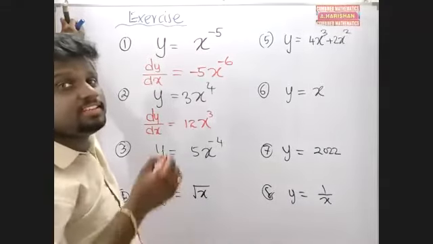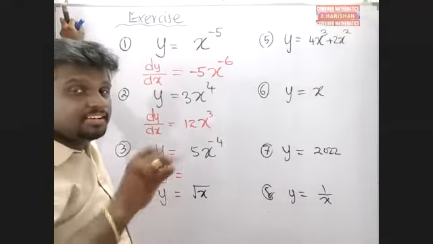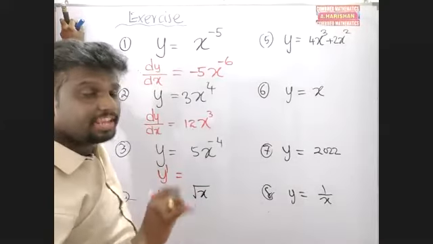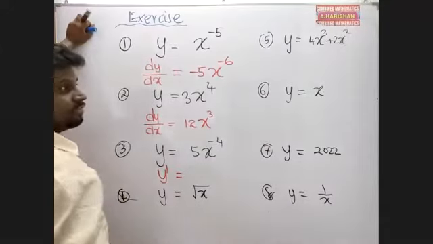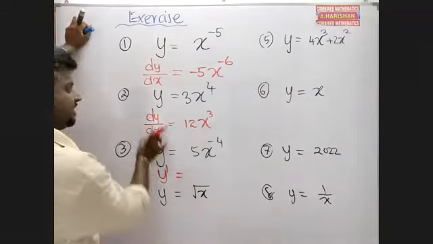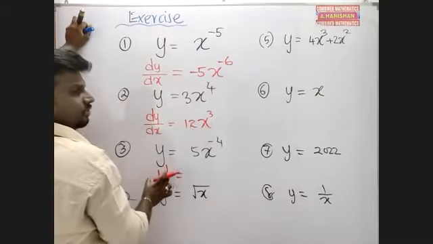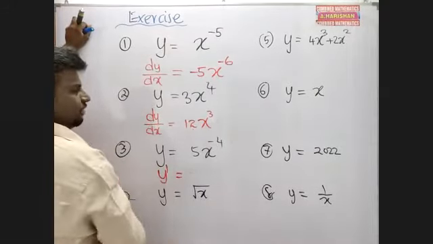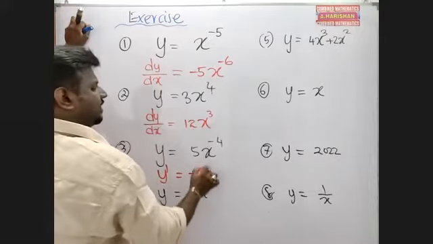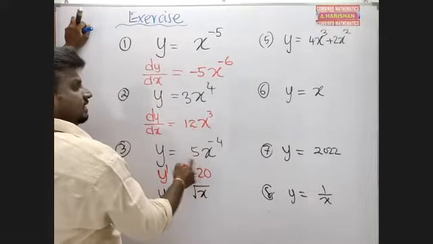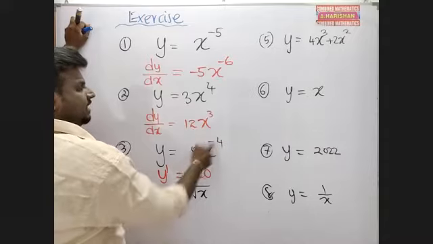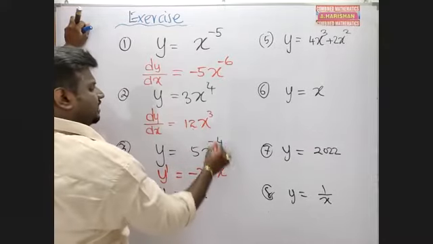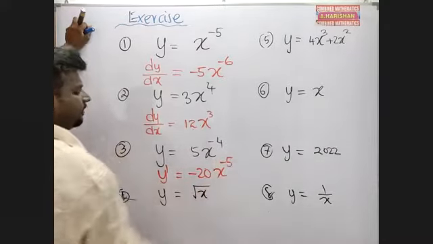That is the first derivative. Y prime, dy by dx. Wherever you see y prime, both are the same. So you have minus 20, because it will be multiplied by minus 4, minus 20. Then subtract 1, so it's minus 5.